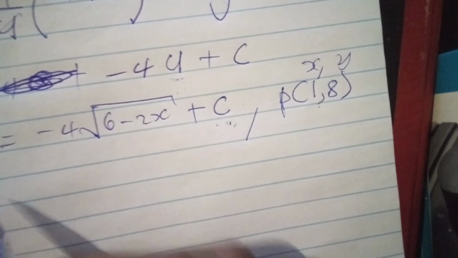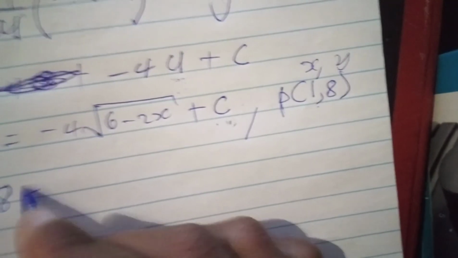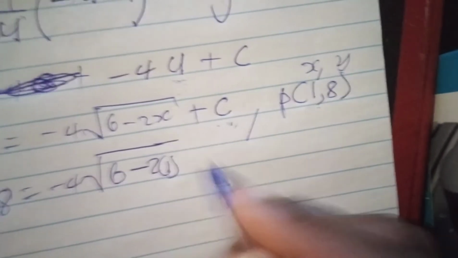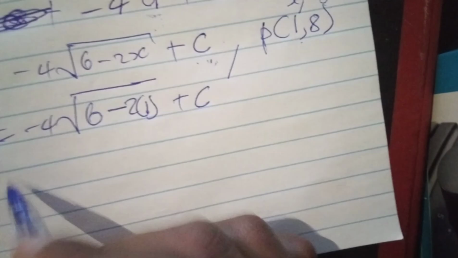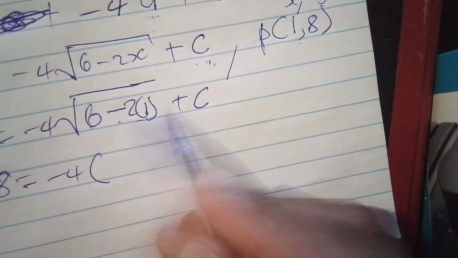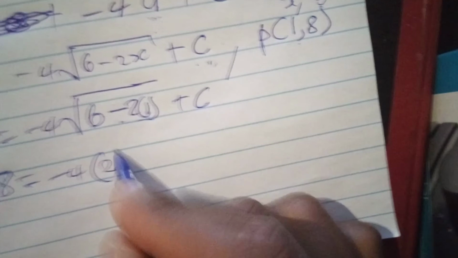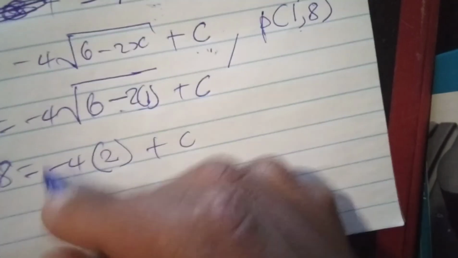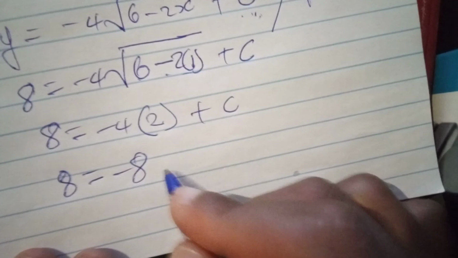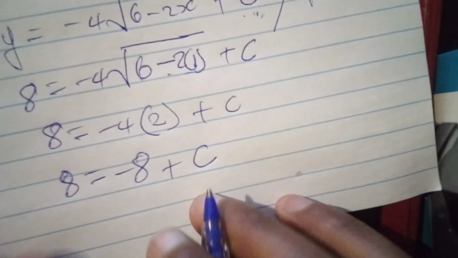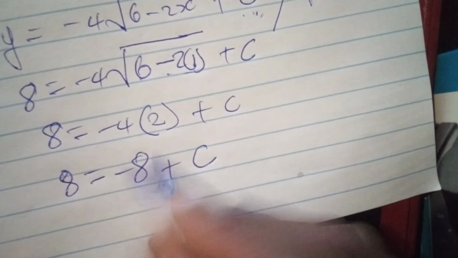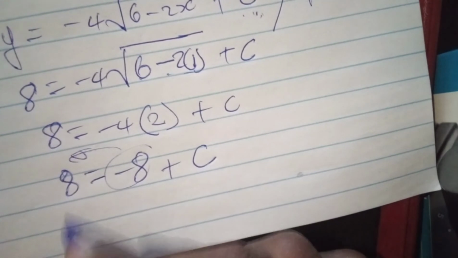So we have 8 here, equals negative 4 times the square root of 6 minus 2 times 1, which is 4 inside, so the square root of 4 is 2, then plus a constant. So this gives us 8 equals negative 8 plus a constant. And then we can solve for c by adding, so it's 16.